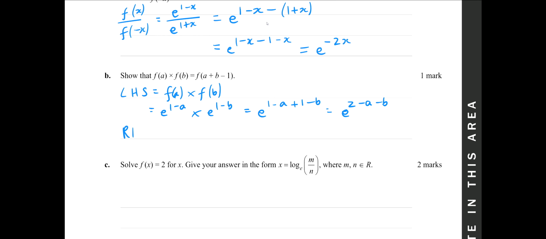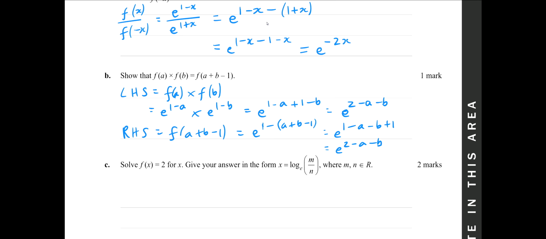Now, the right-hand side is equal to f(a plus b minus 1). So that is equal to e to the 1 minus, now 1 minus x, but in this case x is a plus b minus 1. So that is equal to e to the 1 minus a minus b plus 1, and that is equal to e to the 2 minus a minus b.